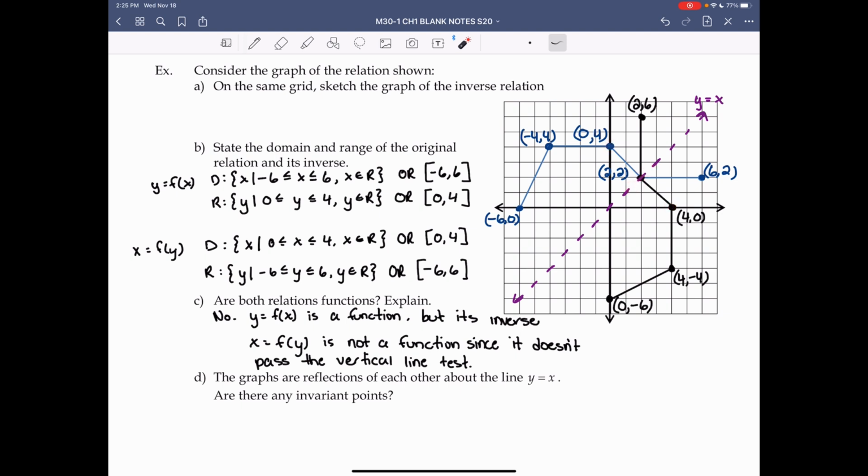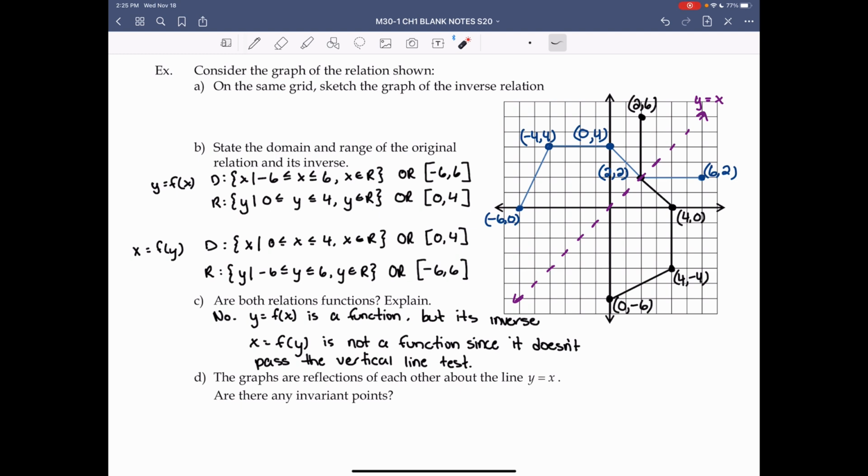And we see this for all of our points. This point here, 6, 2 on the original function, is diagonally 1, 2 away from y equals x. Diagonally on the other side, 2 away from y equals x, is our transformed point. The point 6, 2 on the original relation becomes the point 2, 6 on the inverse of that relation.